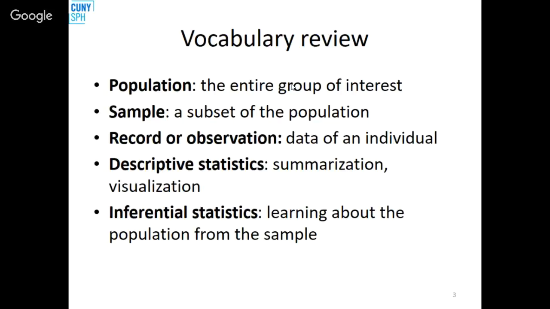It could be a number of things, but it's important to understand what your group of interest is, and that your sample is a subset of that population. We'll be talking about more of these later and ways of extracting the sample from the population. And your record or your observation is your data from one individual in your sample.